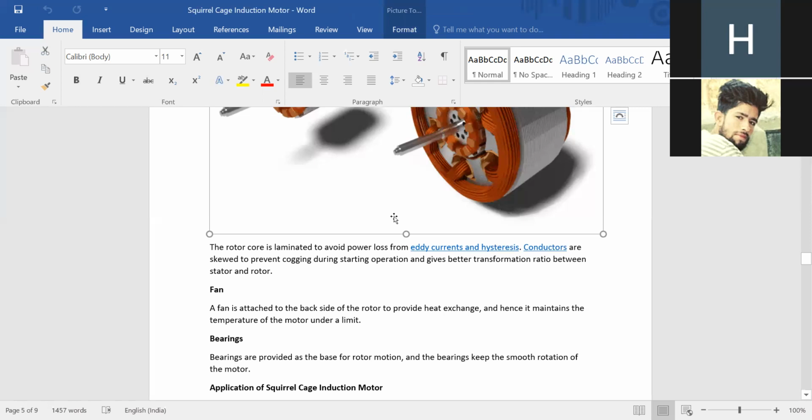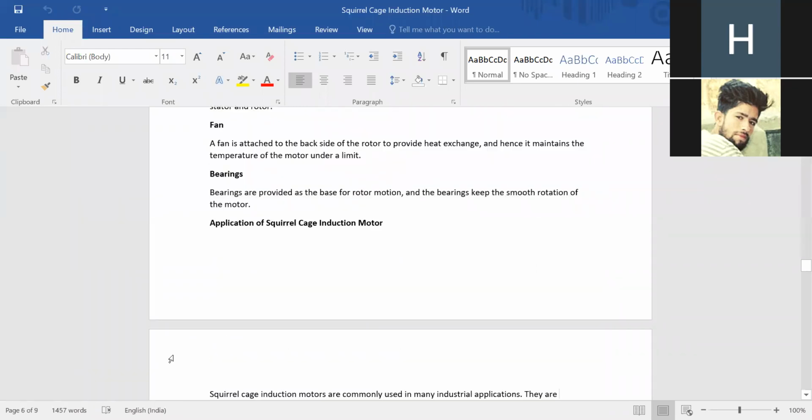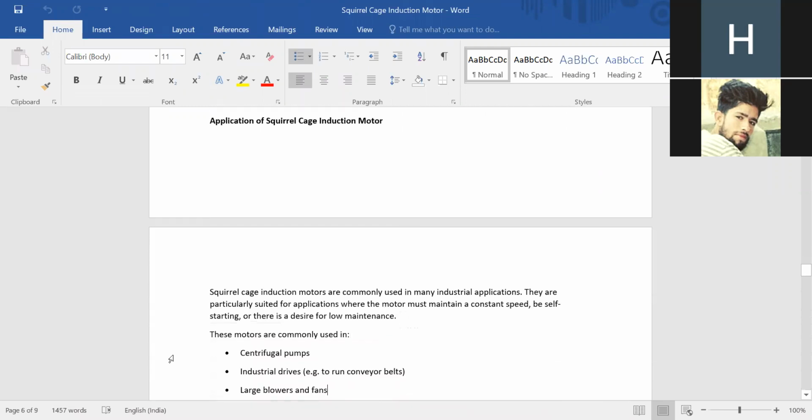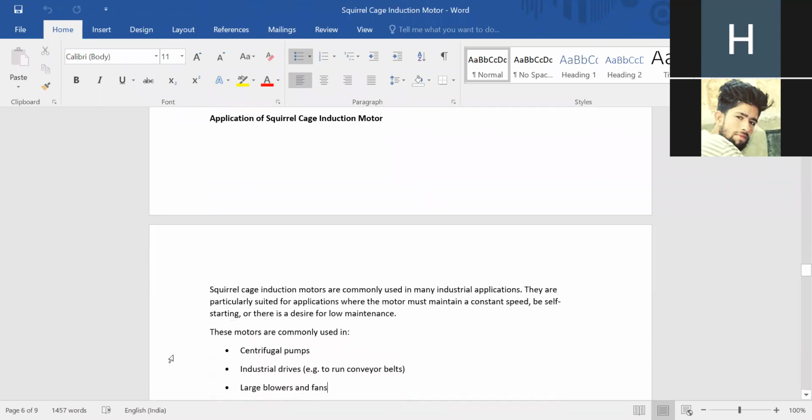Now we have to see what the applications of the squirrel cage induction motor are. About 90% of the motors used in industries are squirrel cage induction motors, because they are mostly used for industrial applications.